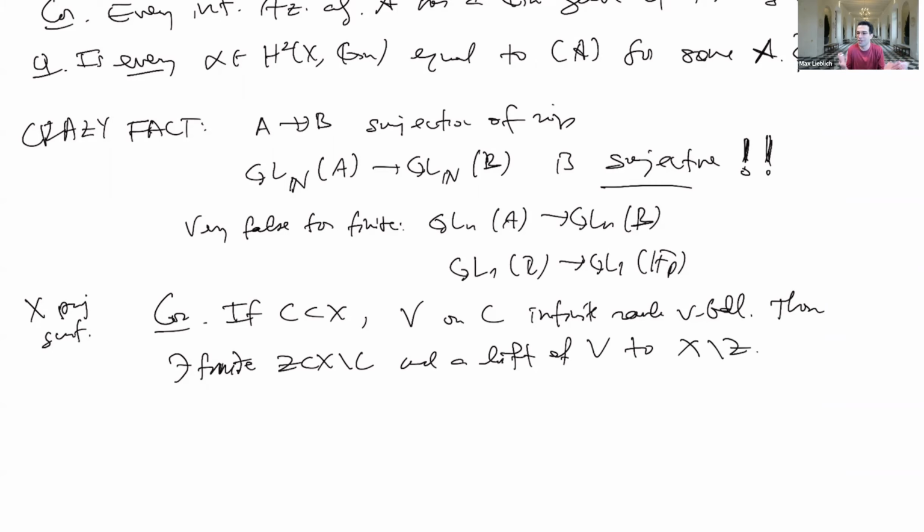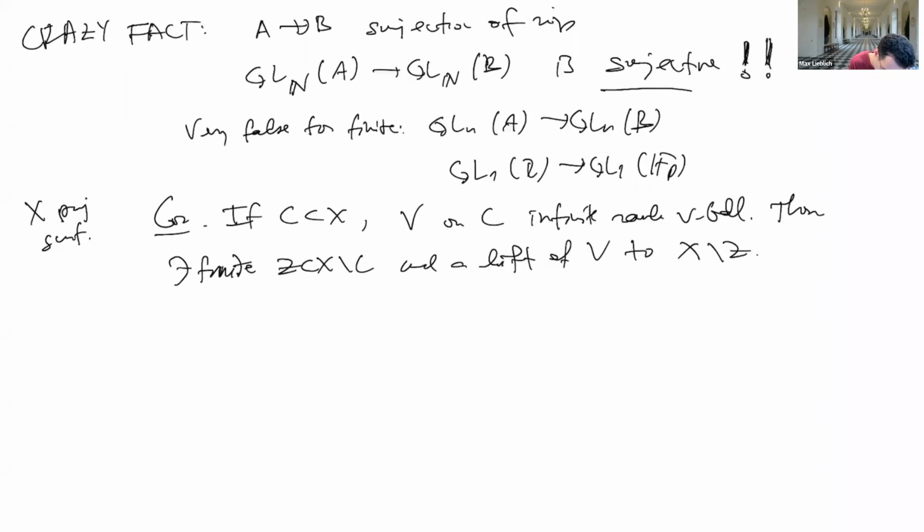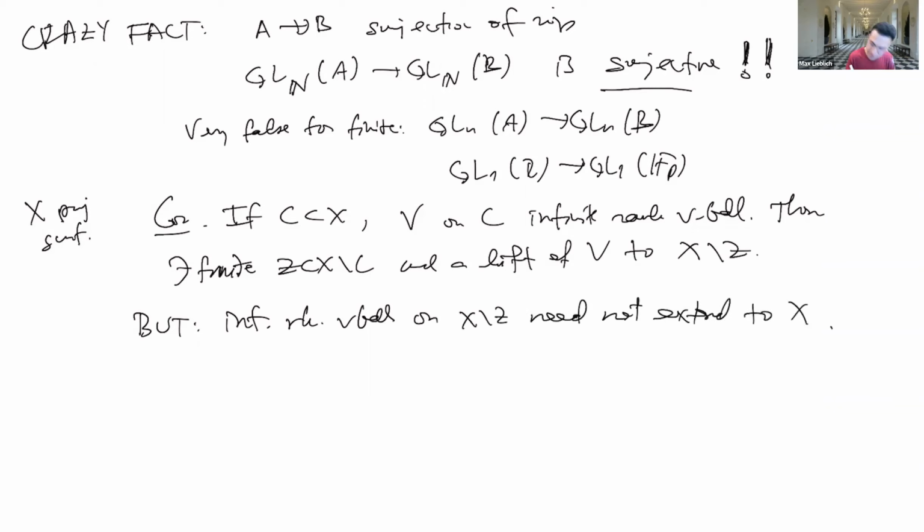You can't have a condition on the determinant because the determinant doesn't make any sense for an infinite rank vector bundle, but then there's actually no condition. Any infinite rank vector bundle lifts off of the curve to most of X, but this is even worse. Again, there's a horrible thing that happens. Infinite rank vector bundles on X minus Z need not extend to X. So there exists, for example, an infinite rank vector bundle on P^1 that is not a sum of line bundles.